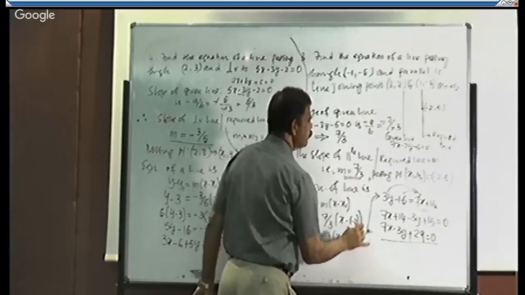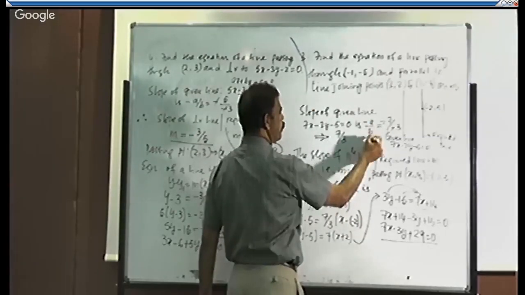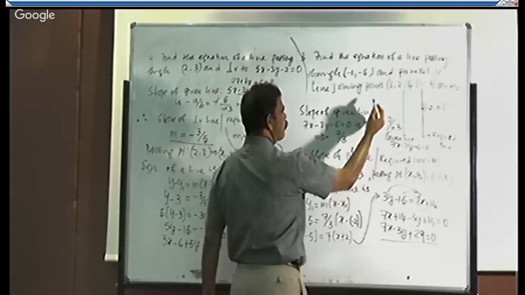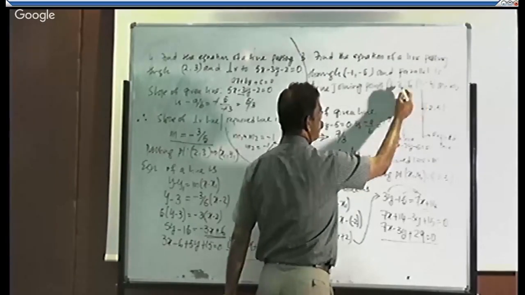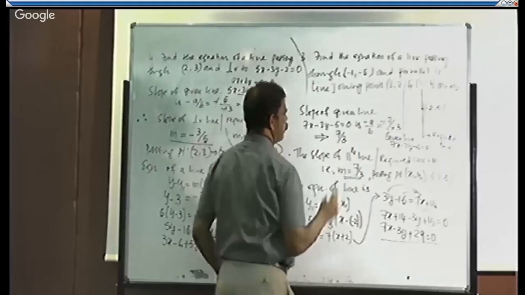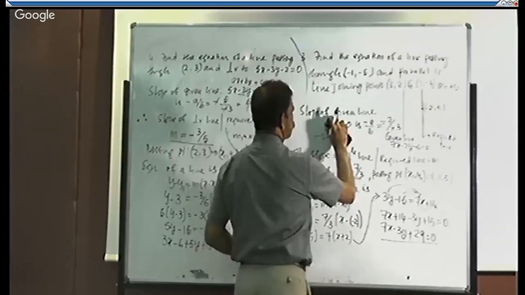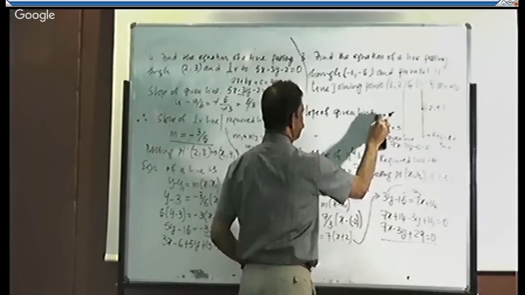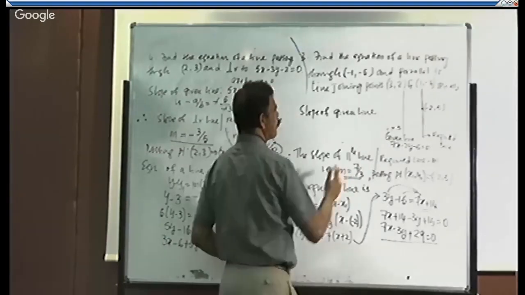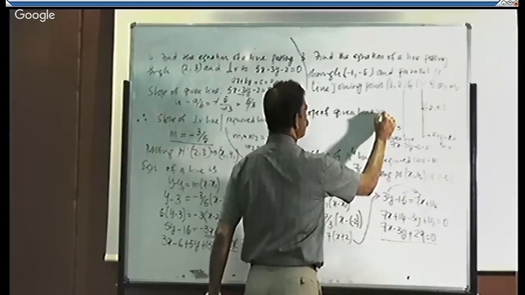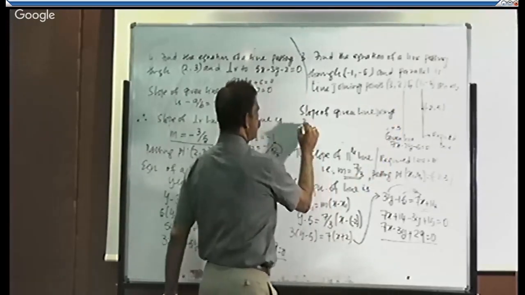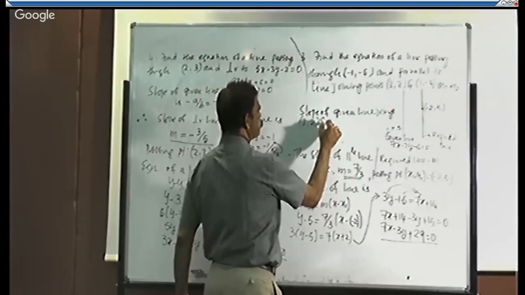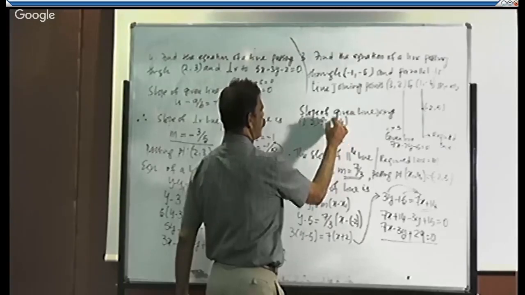Only the difference is, instead of using this formula, we have to use the formula for the slope of the line joining points. See, observe the difference. Slope of the given line joining 3 comma 2 and 1 comma minus 4.